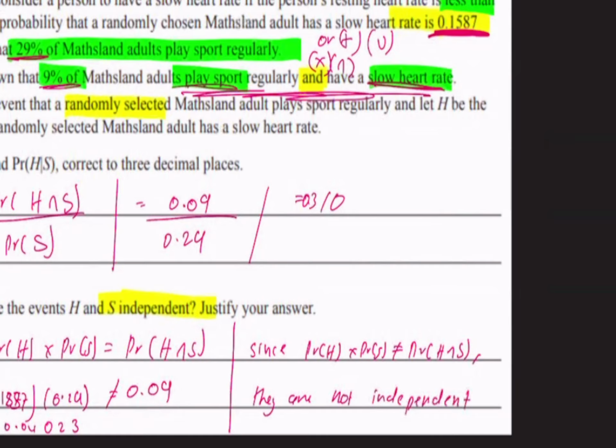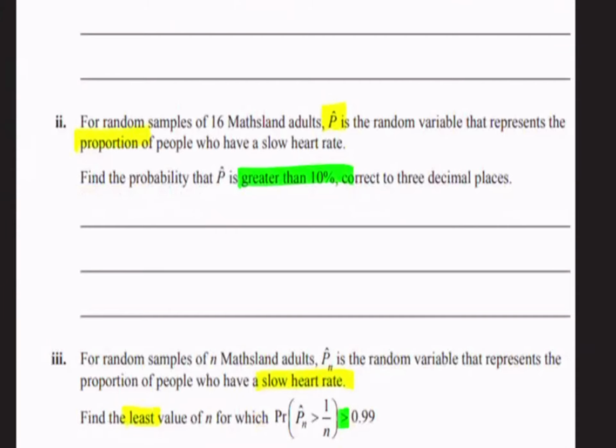Find the probability that in a sample of 16, there's exactly one person with a slow heart rate. So for this one, we want the probability that 1 in 16 will have a slow heart rate. Now we've moved on to binomial distribution sampling. Find the probability that p hat is greater than 10%, so greater than 0.1.